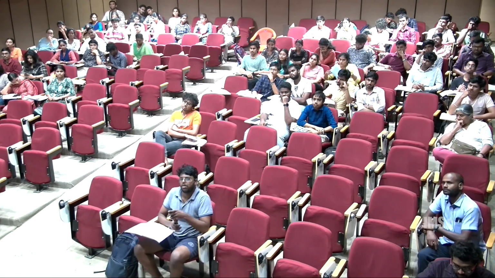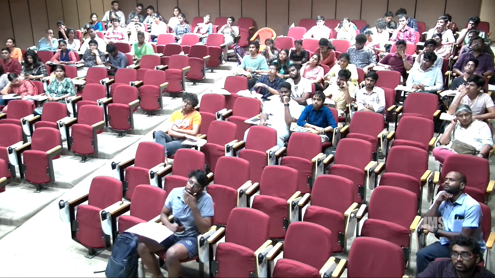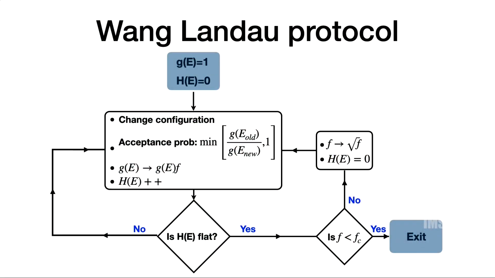Right. As the system is evolving in time, as the simulation goes forward in time, your G of E keeps changing with time. Now, how do we know that we have reached the correct G of E? But remember that at every instant we are choosing the weight of a configuration to be 1 by G of E. So if we reach the correct G of E, then the histogram will become flat.